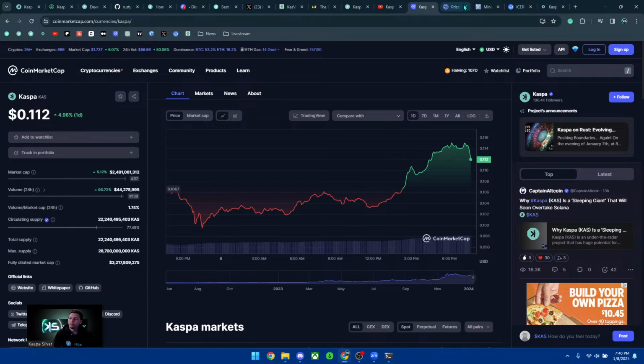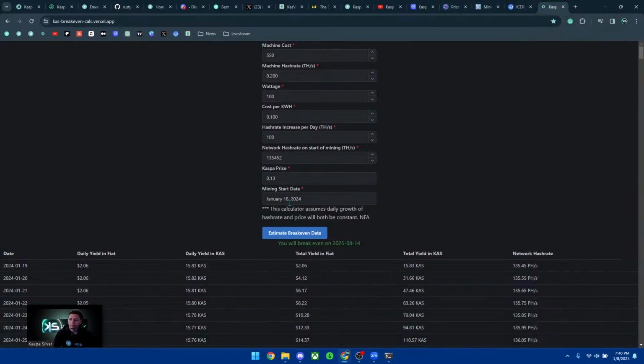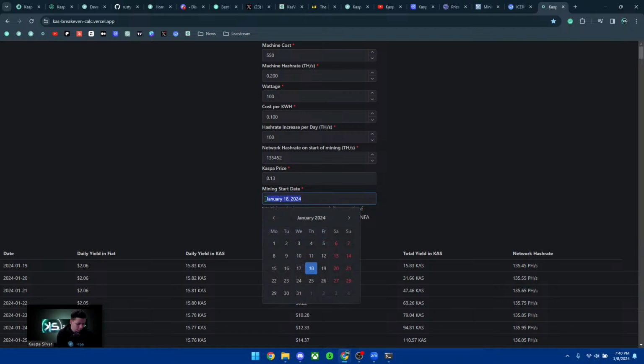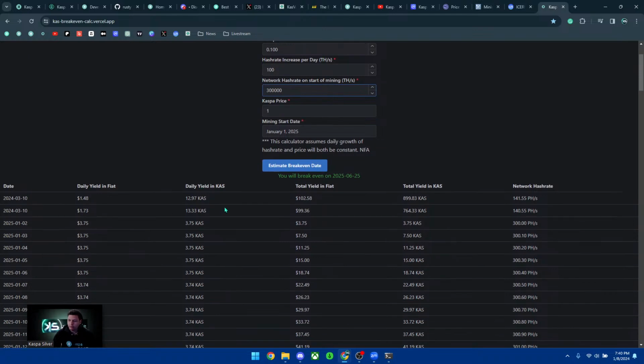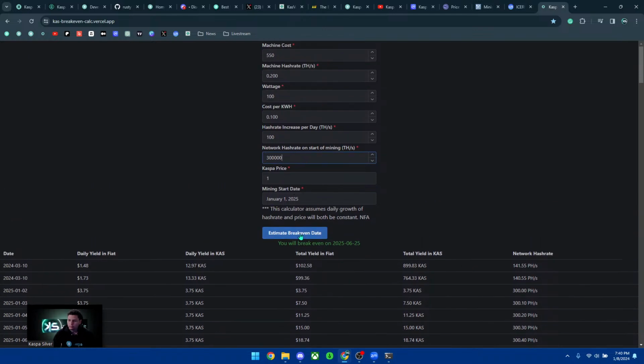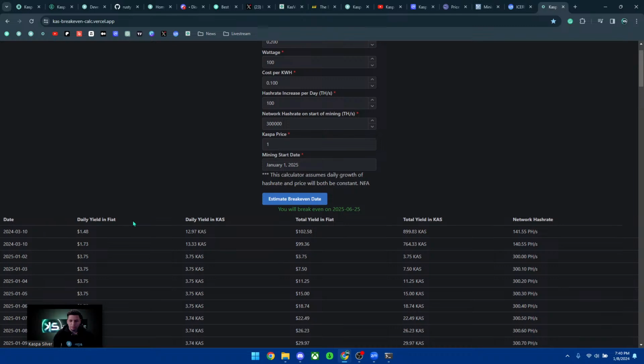Nonetheless, if you think about the future, let's say Kaspa, I'm just going to throw something random here. This is not really a price prediction, but I'm going to show something about these miners. Let's say January 1st, 2025 comes around. Kaspa is just $1, right? Let's say the hash rate is at 300 petahashes. If the hash rate is at 300 petahashes, and let's see here, 550 network hash rate on start of mining.